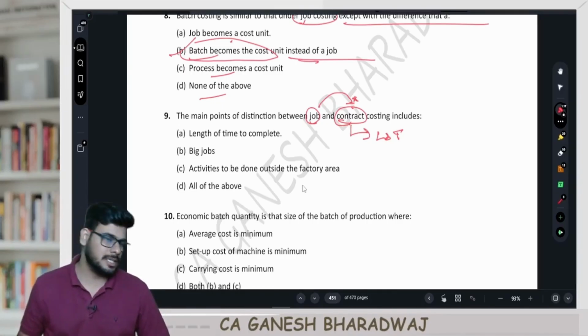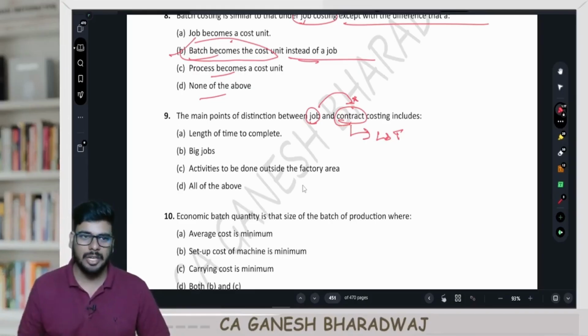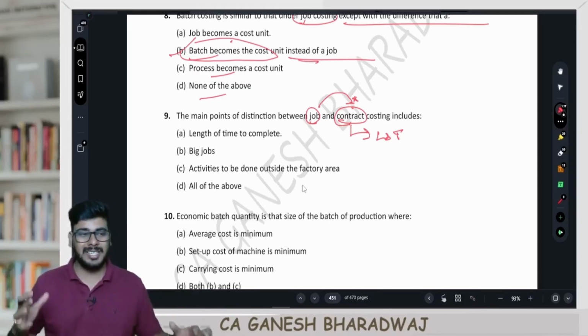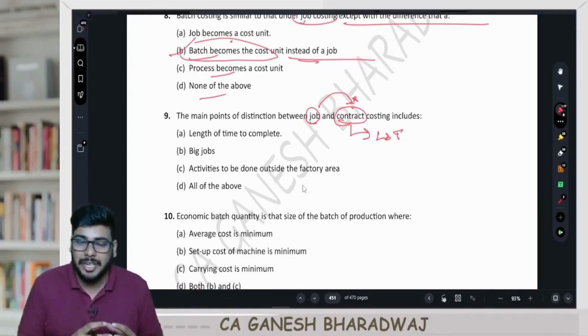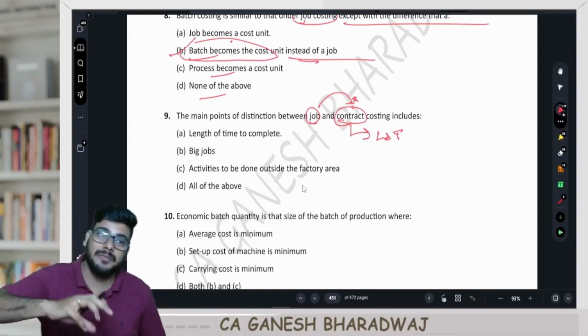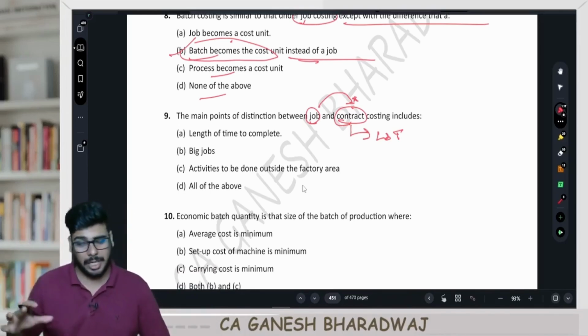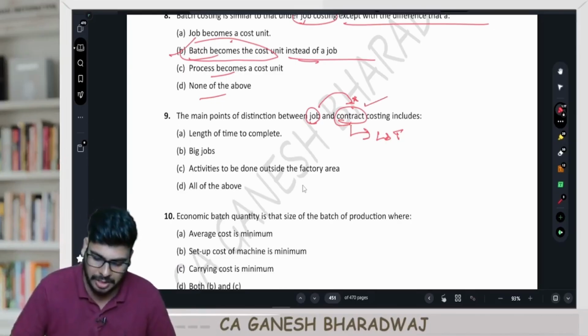But tell me, guys, can they wait for 5 years to recognize their revenue, right, and book their profit? So will they prepare P&L account once in 5 years only? No. So which means these are generally types of jobs that are undertaken which take more than 1 year to complete, and the size is very big. That's why we have a specialized version of job costing called as contract costing.